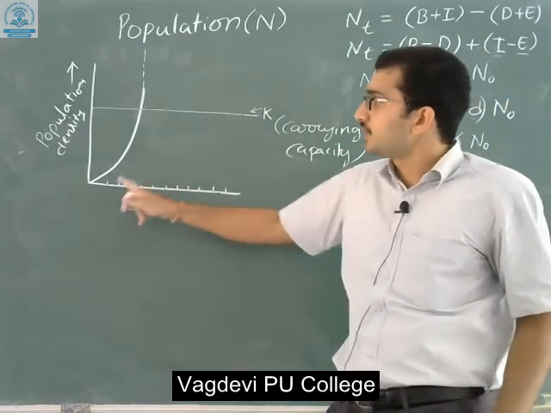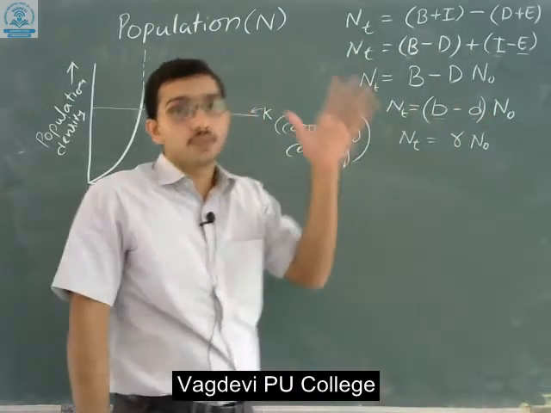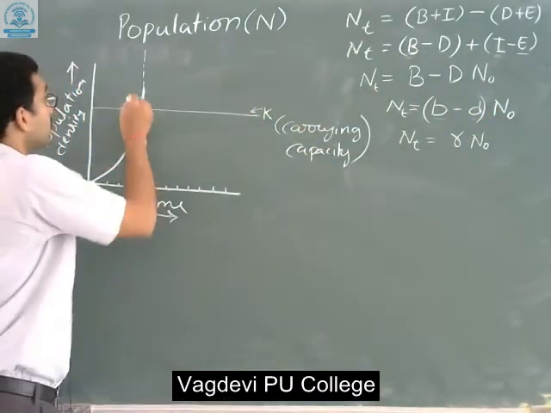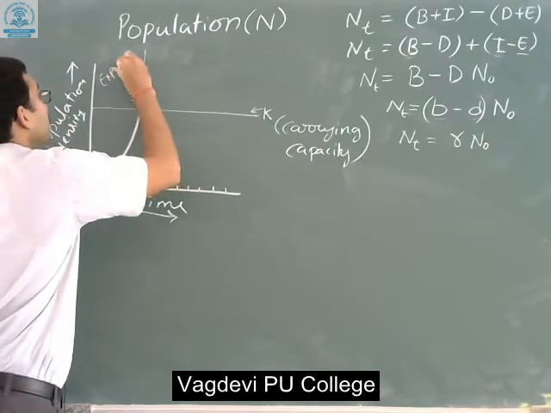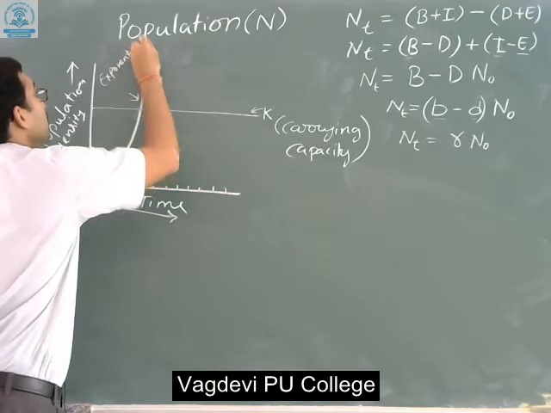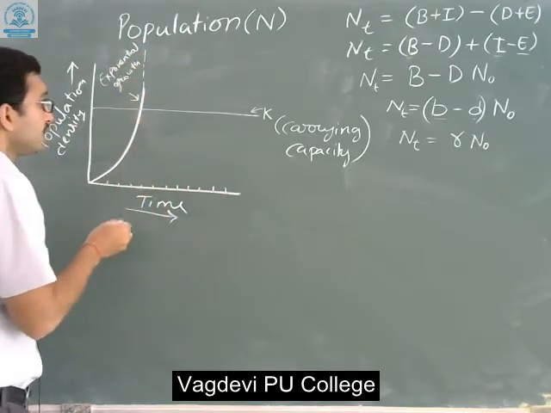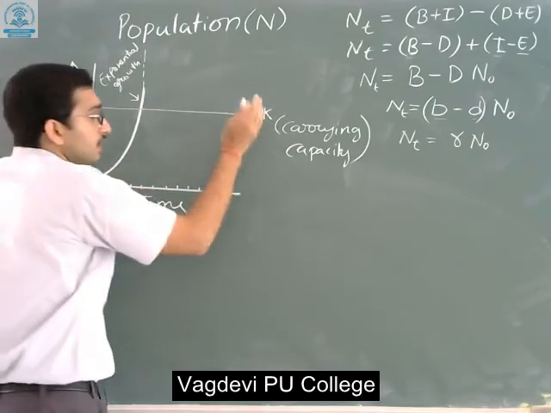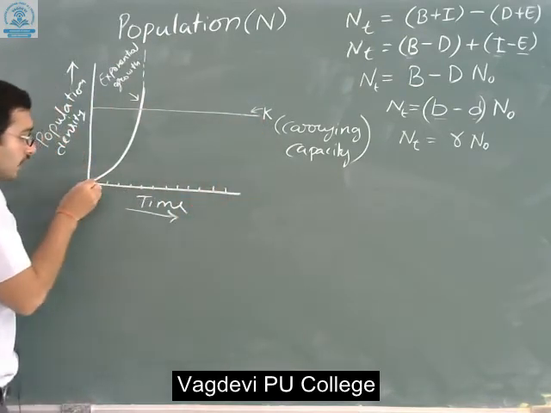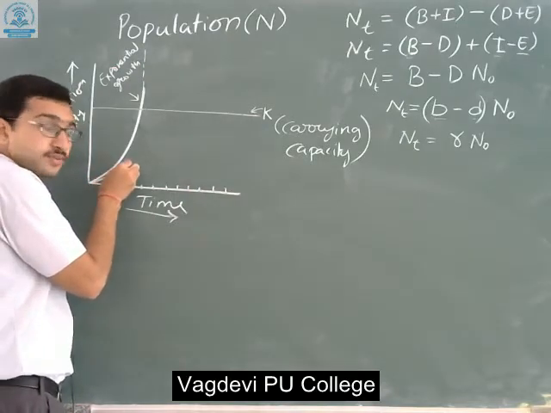Now, the J-shaped curve is considered exponential growth, whereas a population growing under carrying capacity first grows in a lag phase.